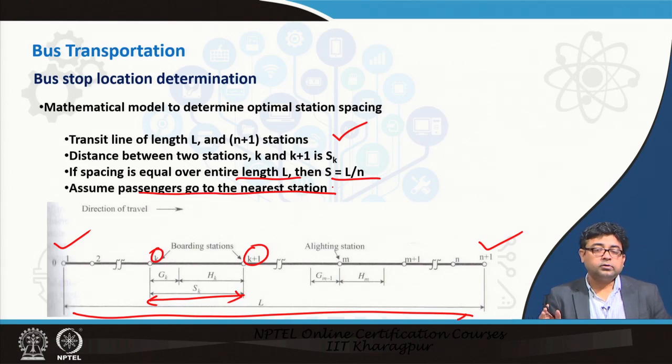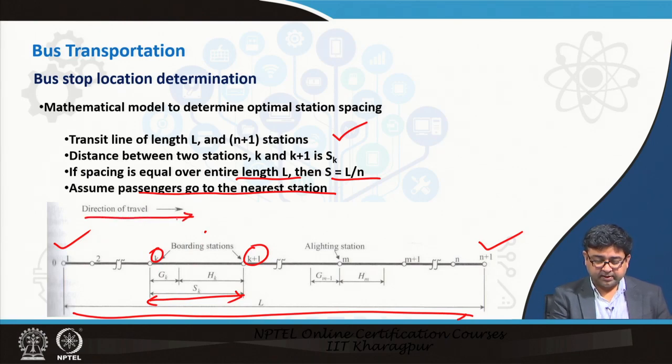You would not want to access a station which is farther away than another station. So, say for example, you are living somewhere here and your direction of travel is this way. You want to access the station that is closest to you, either k or k plus 1, whichever is closest to you. That is an assumption that we make in developing the relationship.